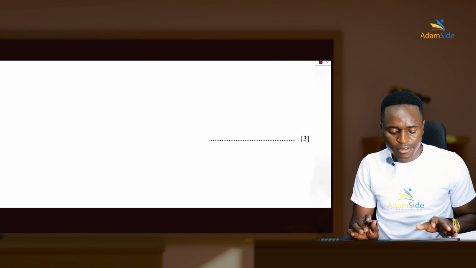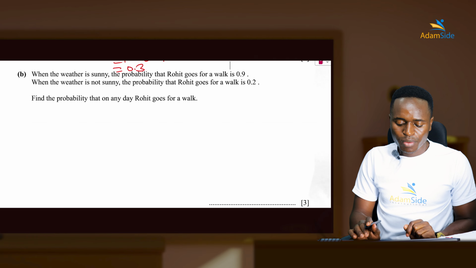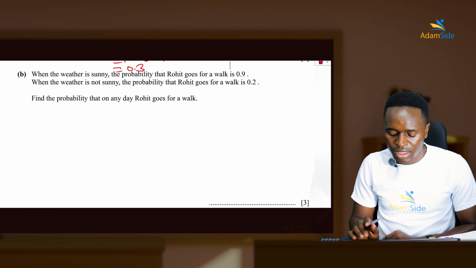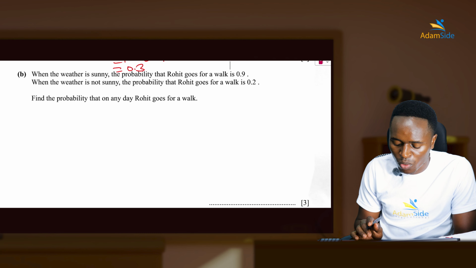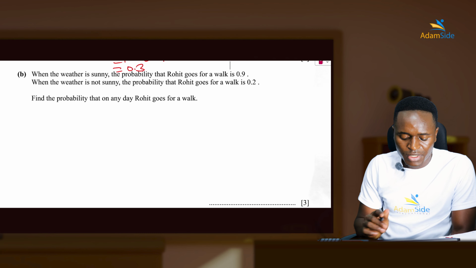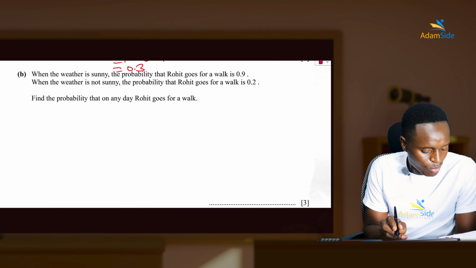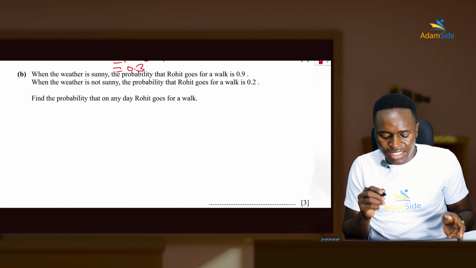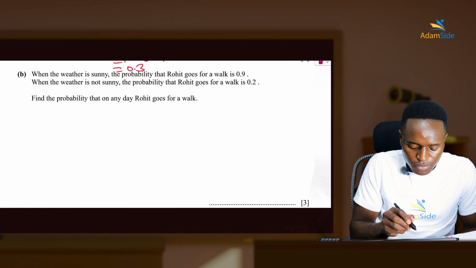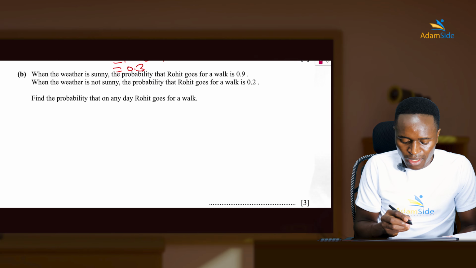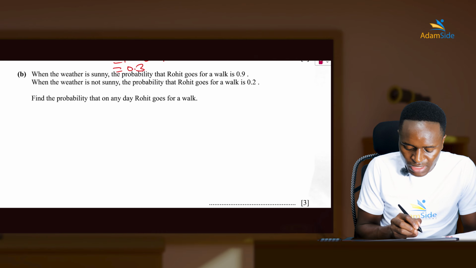When the weather is sunny, the probability that Rohit goes for a walk is 0.9. When the weather is not sunny, the probability that Rohit goes for a walk is 0.2. Find the probability that on any day Rohit goes for a walk. Basically, we need to know the probability when it's sunny.